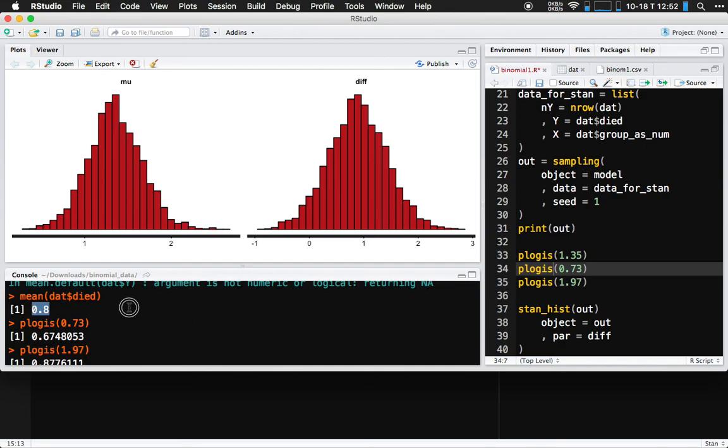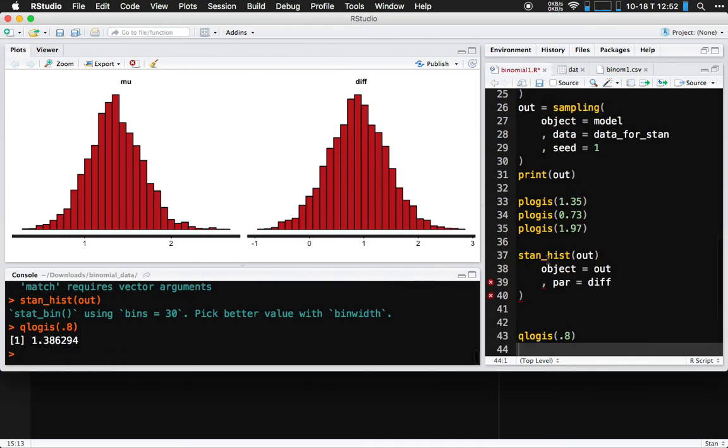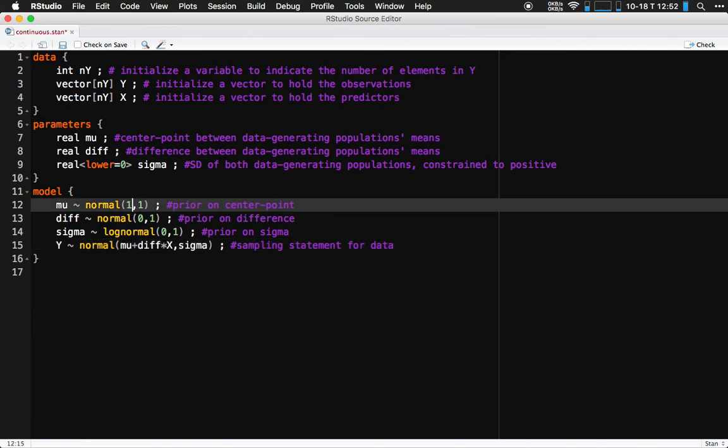To get that, you would use qlogis. That converts a probability into a log odds. So the qlogis of 0.8 is 1.3. So instead of normal(0, 1) here, we could put normal(1.3, 1), and that would start us out.